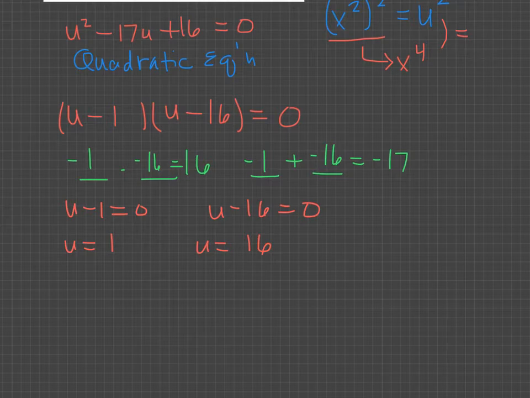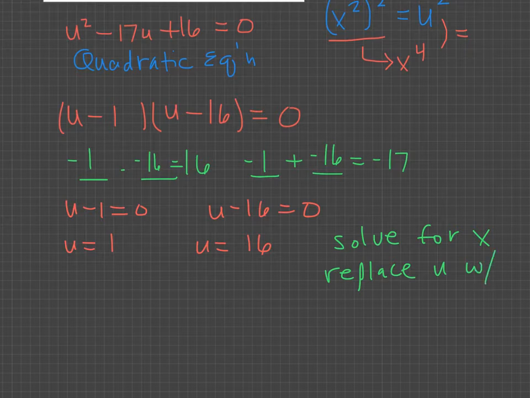Now we didn't want to solve for u, we want to solve for x. So now we do this replacement the other way. We're going to replace u with x squared. So instead of u equals 1, we've got x squared equals 1.